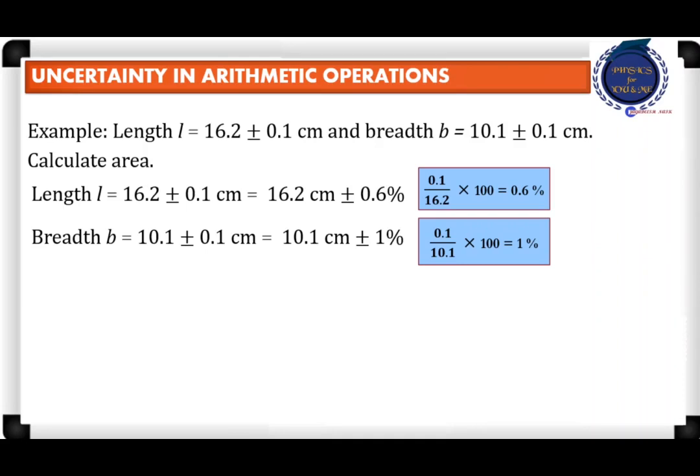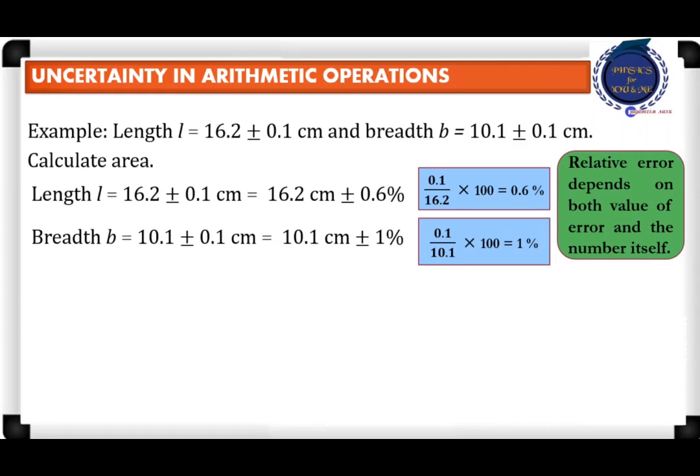Student, we can see that in the 2 examples, even though absolute errors for length and breadth are the same, the percentage error will be different because relative error depends both on the value of the error and the number itself. Now let us consider the calculation.